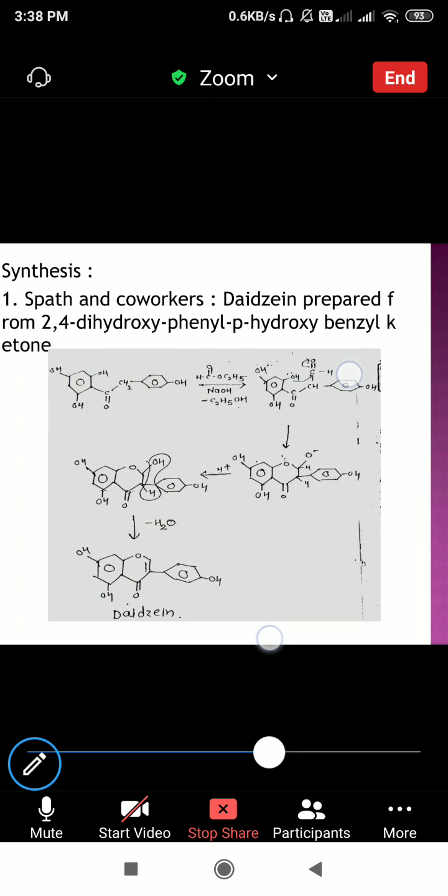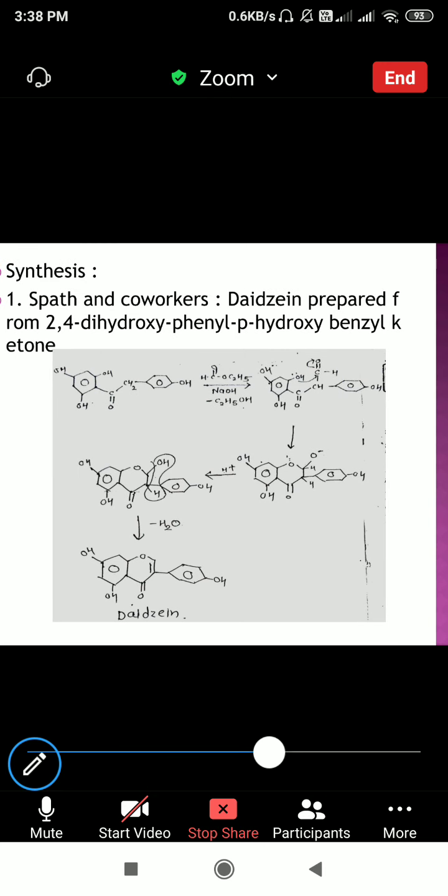Spath and coworker's synthesis: daidzein is prepared from 2,4-dihydroxyphenyl para-hydroxybenzyl ketone. In this, the base will abstract a proton from the alpha carbon of the carbonyl group, and it will become a carbanion.